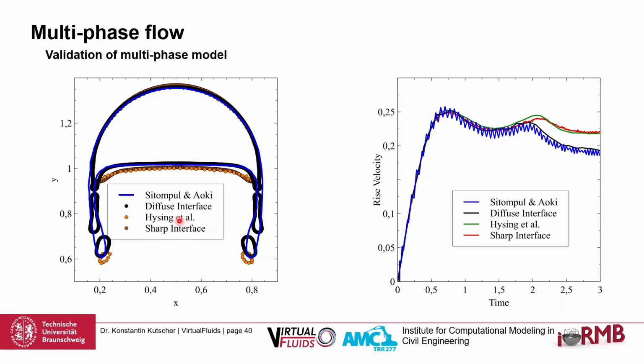In general, the diffuse interface models come out with a lower velocity in the end, and the sharp interface models come out with a higher velocity at the end.